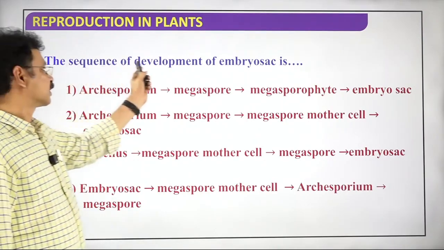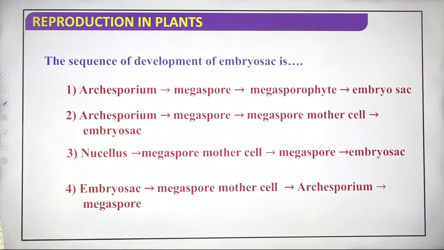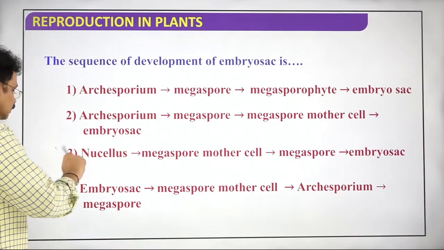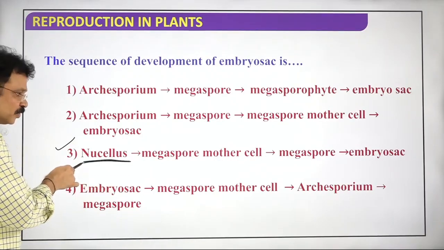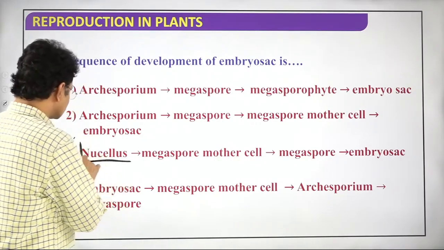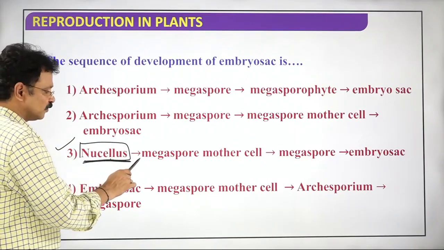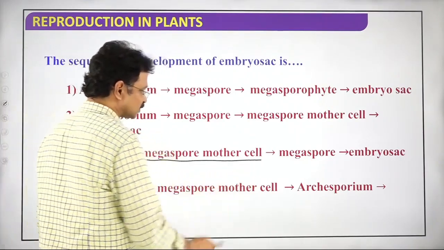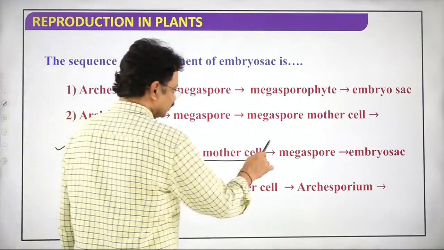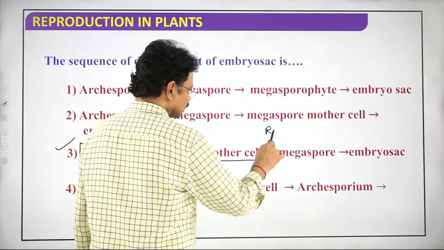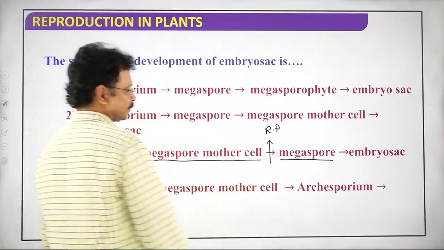Identify the correct sequential development of all the cells in this embryo sac formation. Answer, third option. Nucellar tissue found in ovule has so many lakhs of cells. Only one is modified into megaspore mother cell out of millions of cells, which undergoes meiotic cell division or reductional division to form a single functional megaspore.